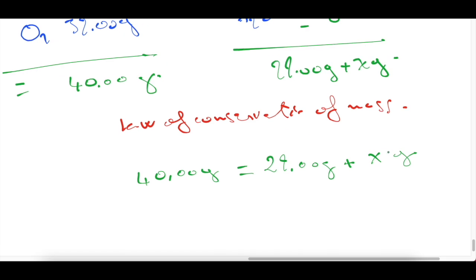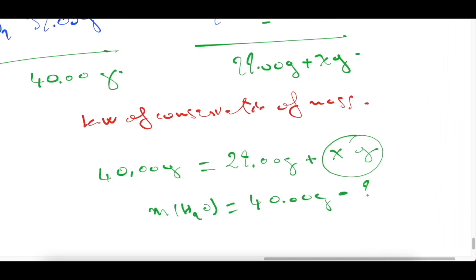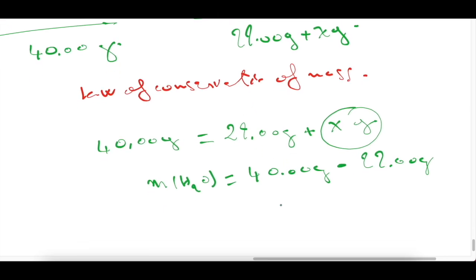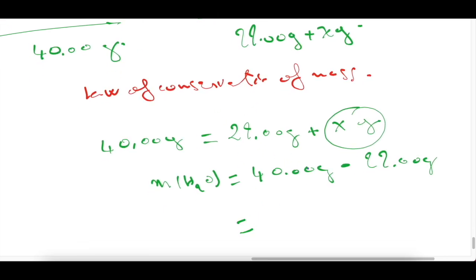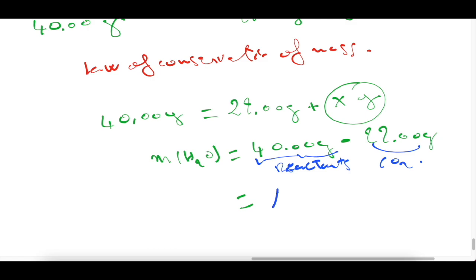So the mass of water will be equal to 40.00 grams minus 22.00 grams of carbon dioxide. Here we have the total mass of reactants, and here we have the mass of carbon dioxide. So the result will be 18.00 grams of water.